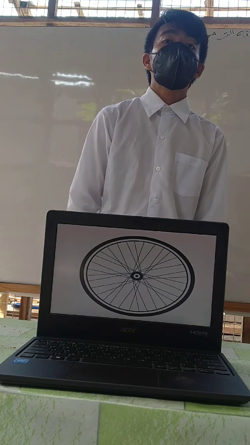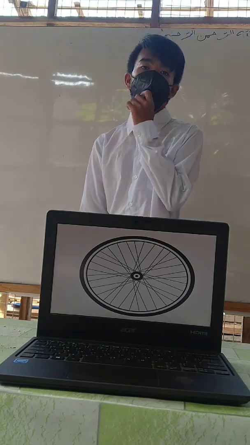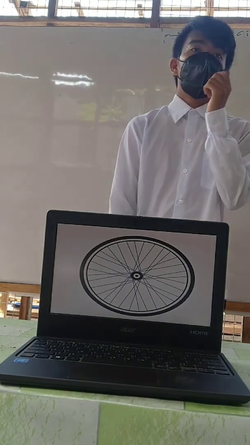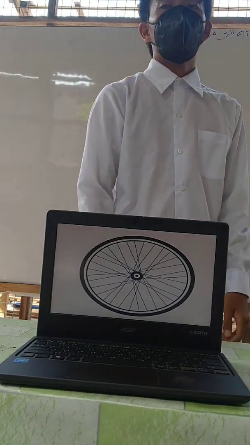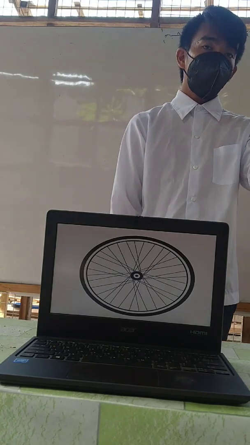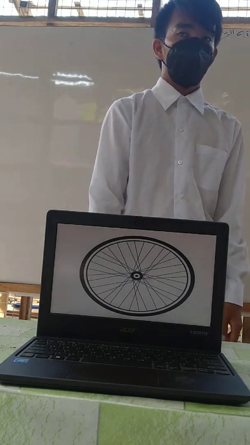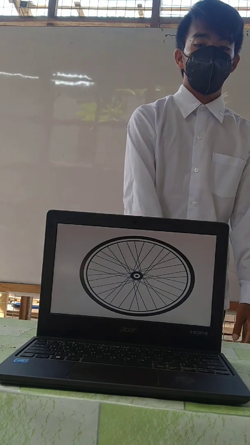Yes, it is a wheel of a bicycle. Then, how can you describe it? It's a perfect circle. And what curve did you see? Closed bounded curve. A circle curve.